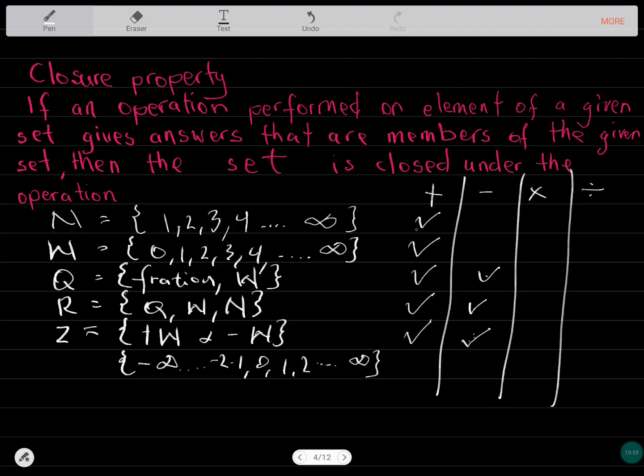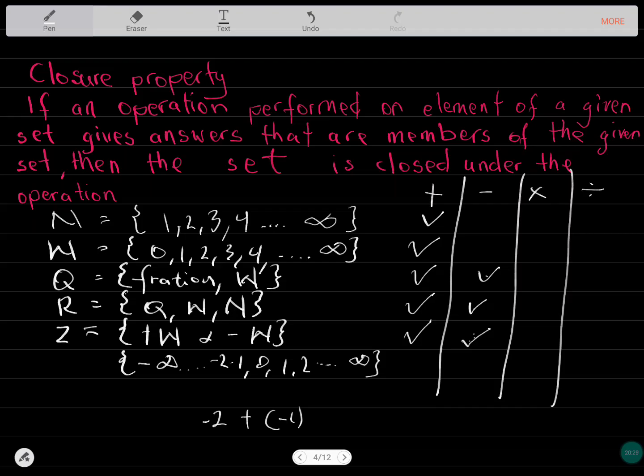We could also say that, to some extent, natural numbers are not closed under addition, because we could add two numbers and have 0. For instance, negative 2 plus negative 1 would give us negative 3. But they are closed, because if we pick natural numbers and do our addition, all numbers we obtain will be found in natural numbers.